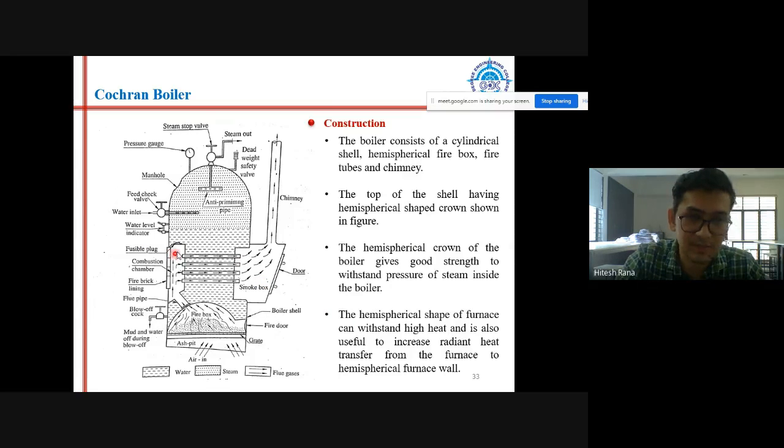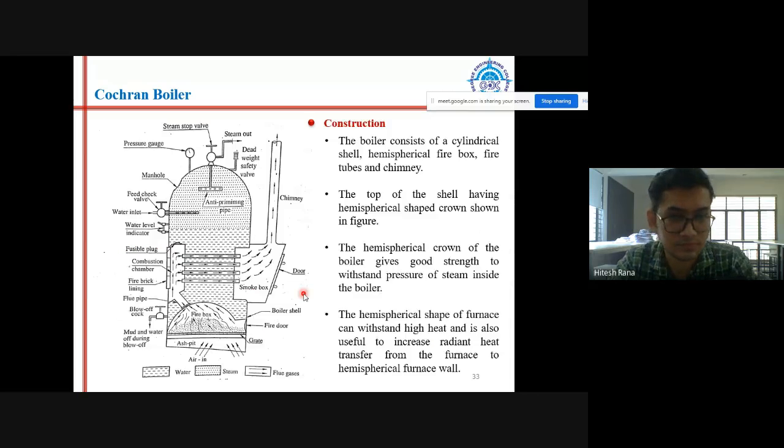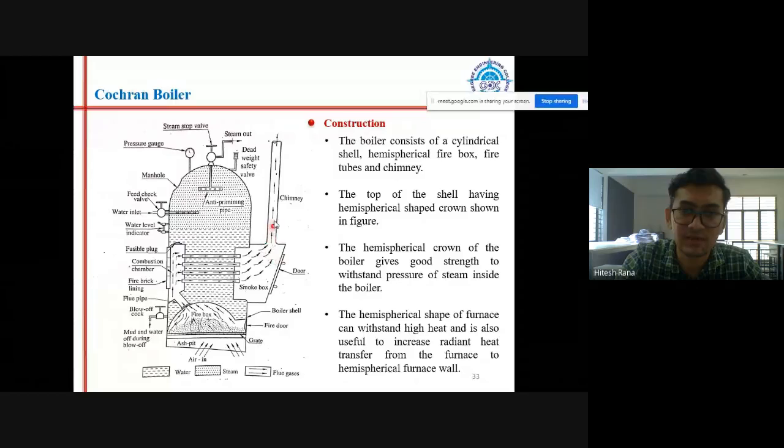This combustion chamber and smoke box are connected with the help of these fire tubes. These tubes are passing through. You can see over here, these holes you can see are basically the tubes. The openings of these tubes are visible here. And the smoke box is connected with the chimney.